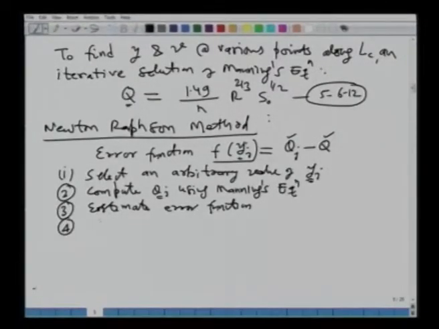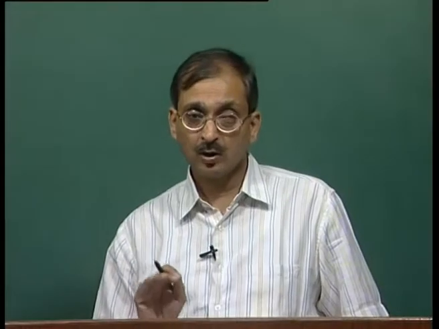And then you check the convergence criteria. That is to say, you calculate the error at the end of the iteration. If the error is acceptable, you stop. If the error is not acceptable, you start iterating again.